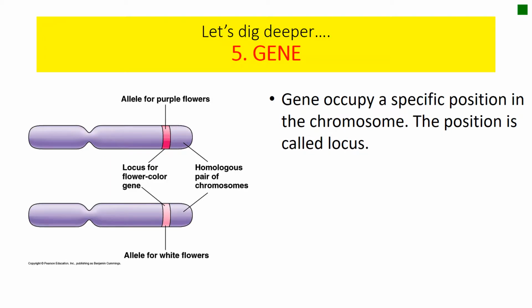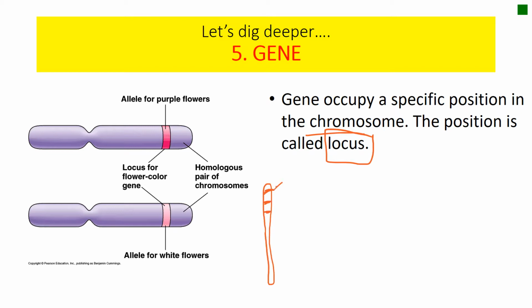And a little bit more about genes, just one point. A gene occupies a specific position in the chromosome. So this is the next terminology that you need to know, called locus. Locus is basically a specific position of a gene in a chromosome. Later on, if you go to university for majoring in genetics, you will learn that the position of a gene has a certain code.